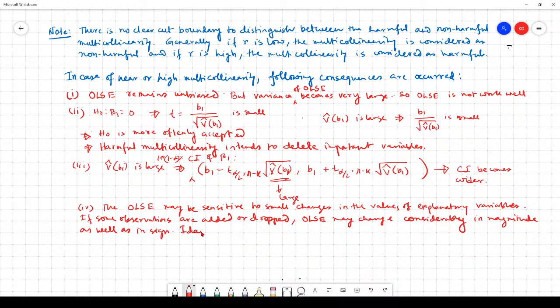Ideally, the OLS estimator should not change with inclusion or deletion of variables.